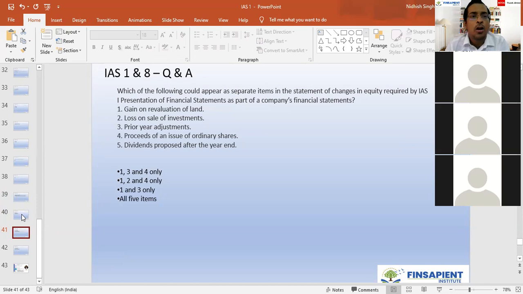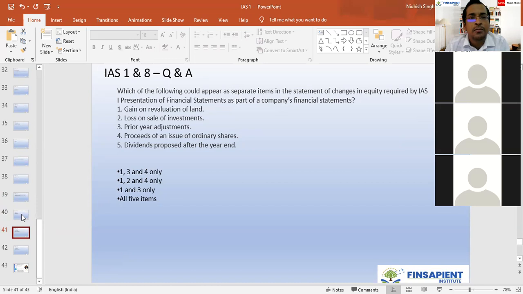Yes. Loss on sale of investments. No. No. Okay. Prior year adjustments. Yes. Okay. Proceeds of an issue of ordinary shares. No. Yes.